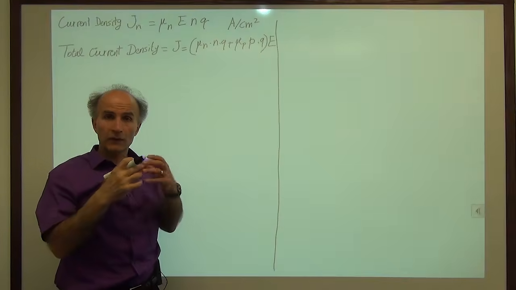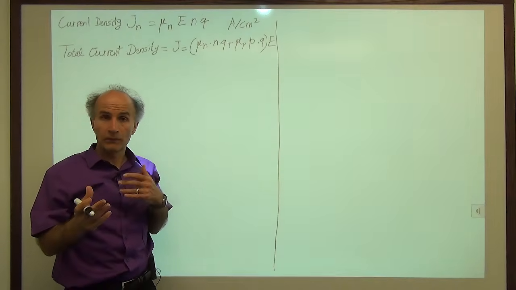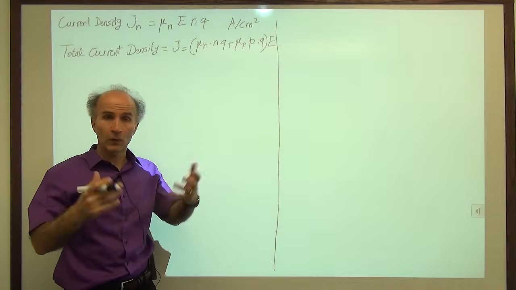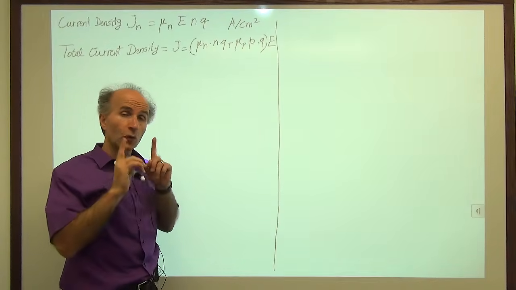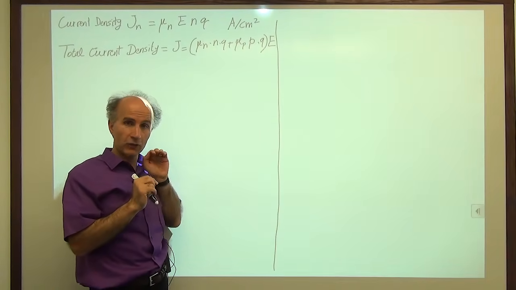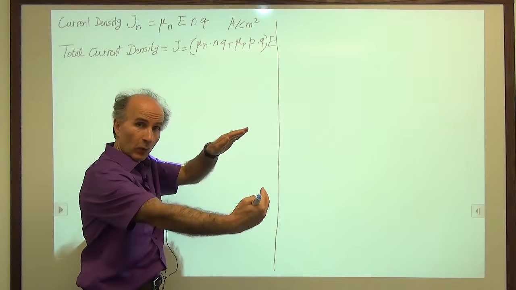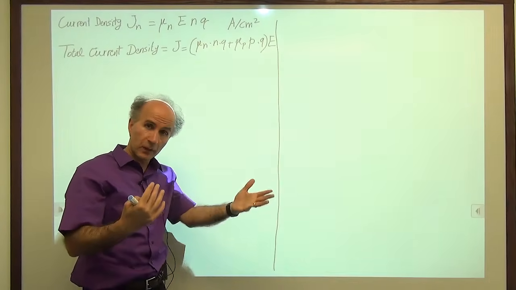We have some sort of silicon. It may have lots of holes, very few electrons, or lots of electrons, very few holes, or it may have some electrons and some holes, and they're comparable. In any case, whatever it is, we can write the total current as the current of electrons, for example, going this way, plus the total of the current of holes going this way. Now the current of holes might be negligible, or the current of electrons might be negligible.